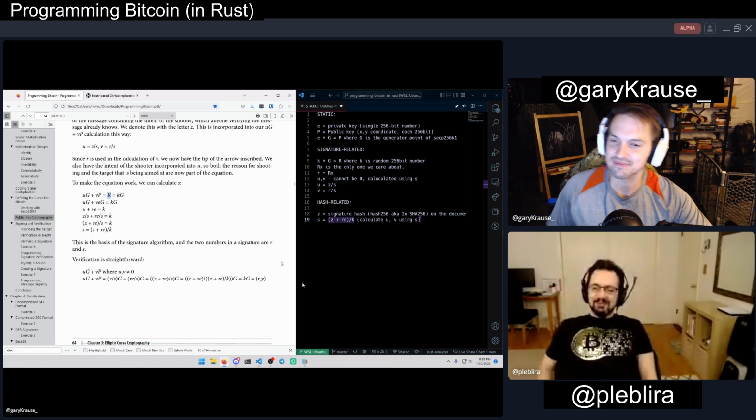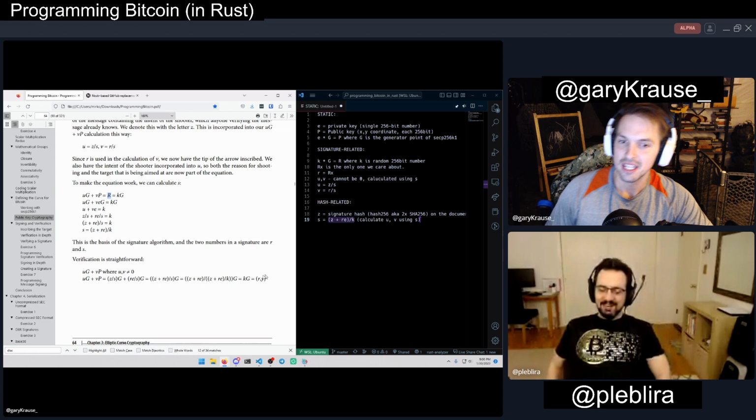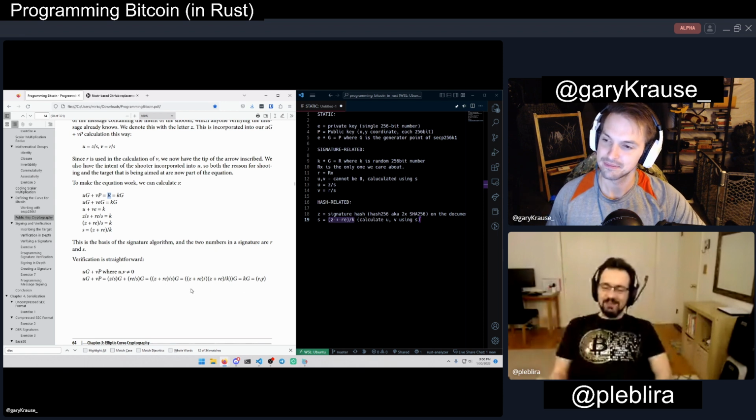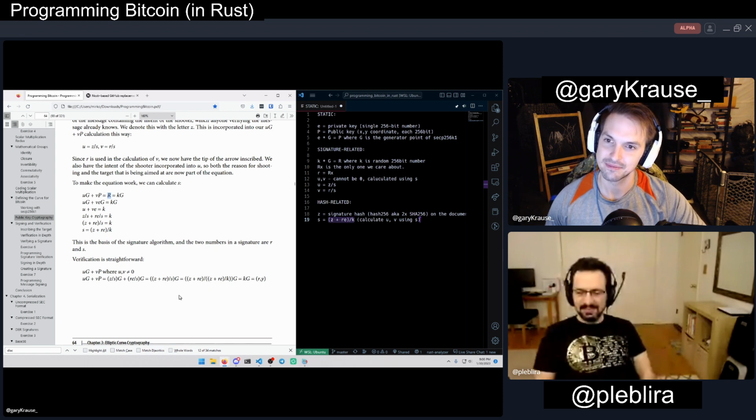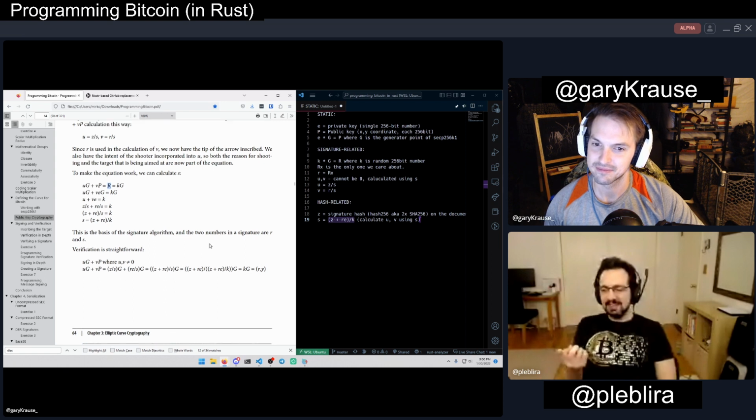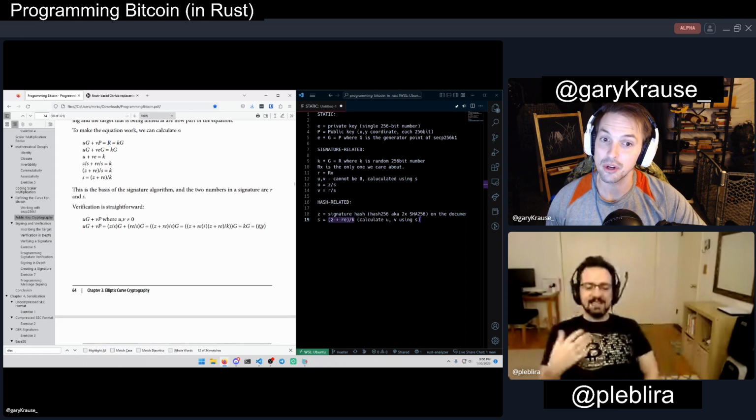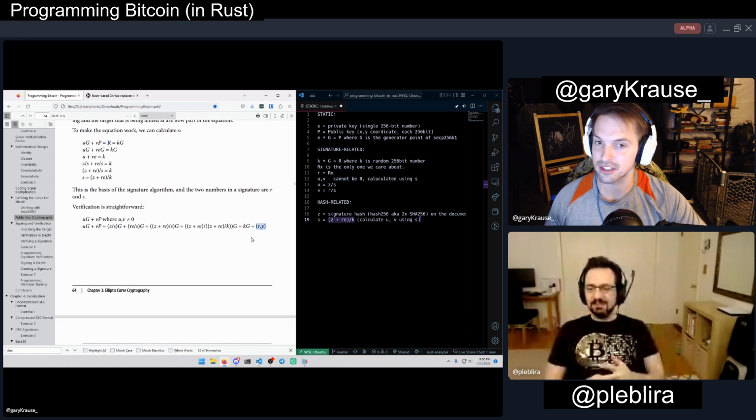So this is the verification, like not for someone to verify a cryptographic signature, because you're revealing K there. It's just for us, because I think you would only reveal this, right?